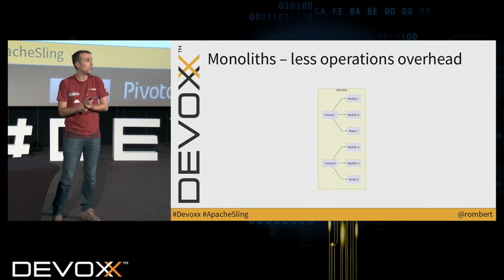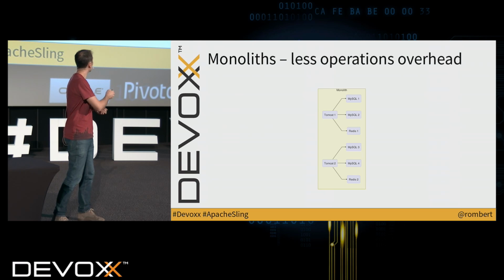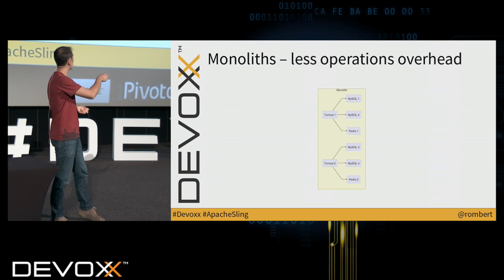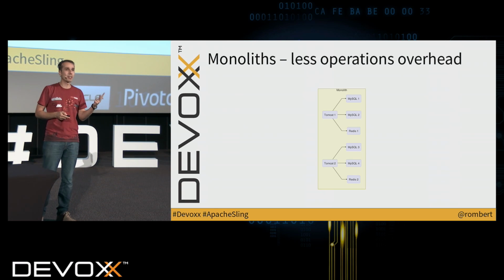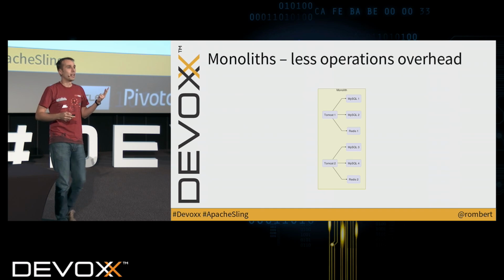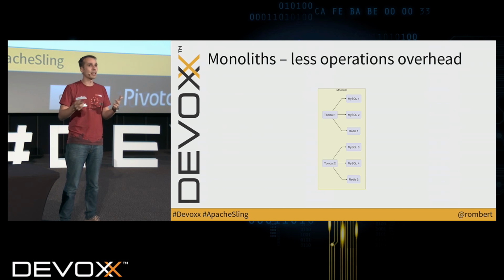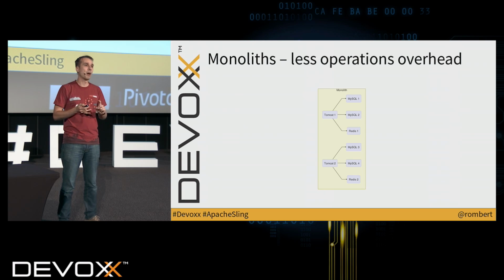Now, about operations, let's consider that we have this sort of typical monolith where we have an application server, a database server, and a NoSQL cache. Now, those are 3 components that are in the mix, and your operations team can probably take 3 components and understand how to monitor them, how to tune them, how to take care when something goes wrong.